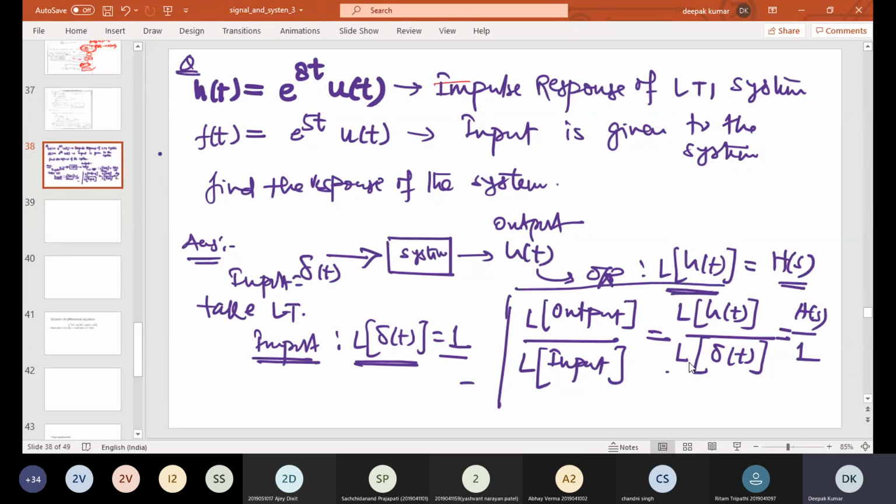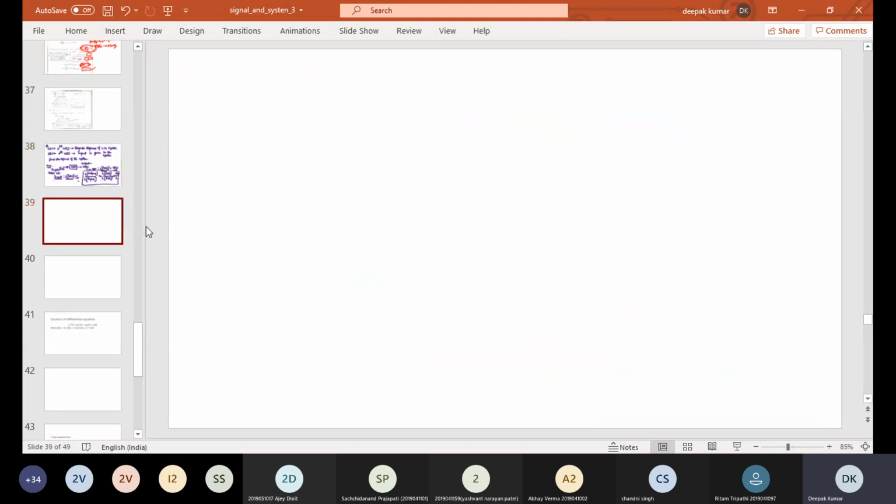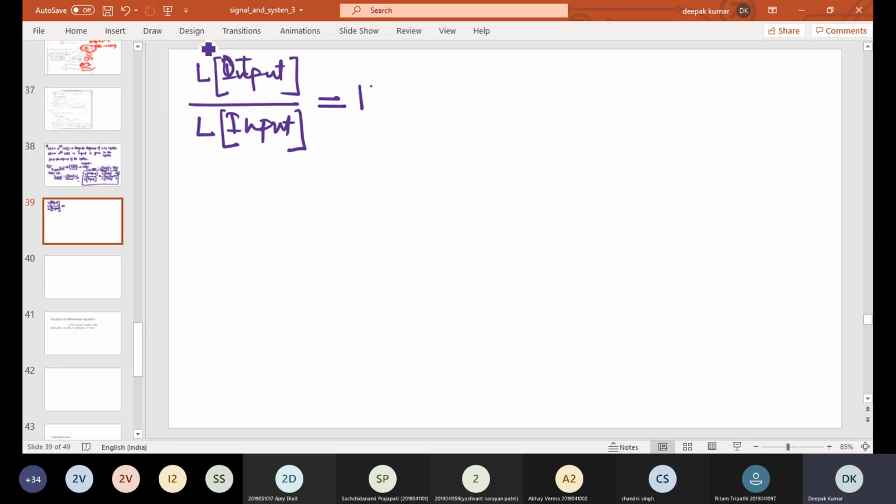Now from this discussion we can relate the input and output. Laplace transform of output to the Laplace transform of any input is equal to H(s).